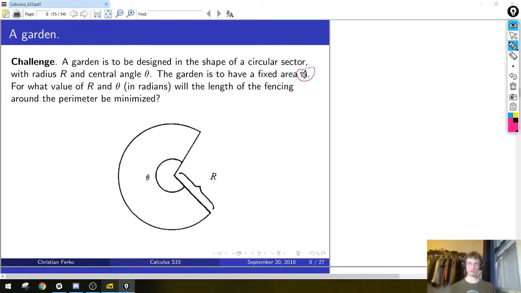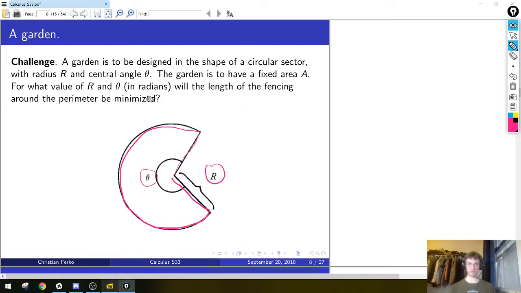So this is going to be one of the things we use to eliminate extra variables, right? There's a constant A, which is the area. So given that the area is fixed, what value of the radius r and this angle theta in radians should we choose so that the length of the fencing around the perimeter, in other words this length in pink, is minimized?